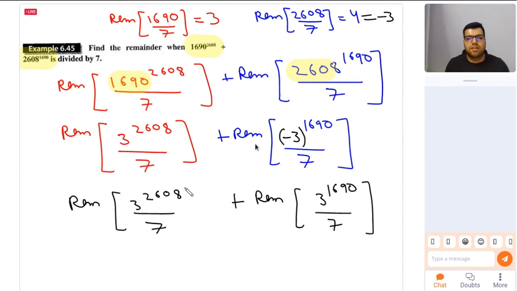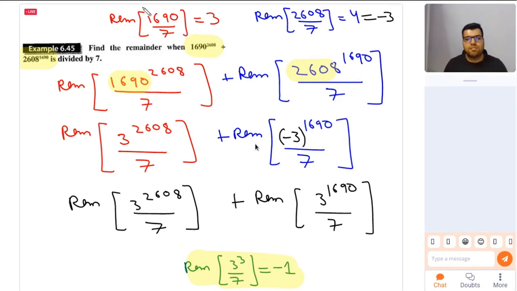Great. Now I just have to separate 2608 and 1690 into parts of 3, because I will be using the fact that remainder of 27, 3 cube with 7. This is, so 27 by 7, it is minus 1 away from 28. So this is minus 1. I will be using this fact. So let us do it in the next slide.